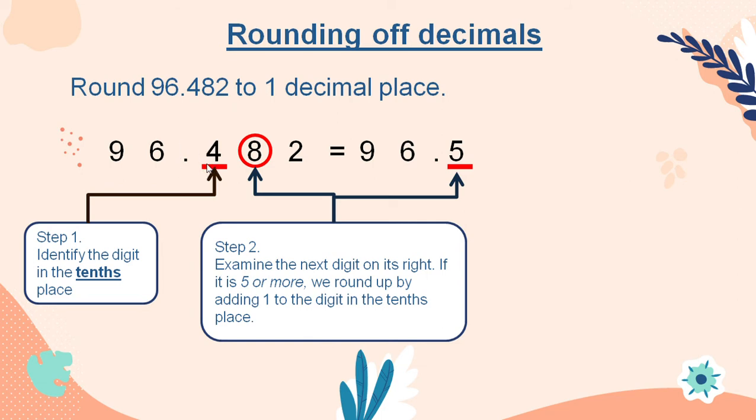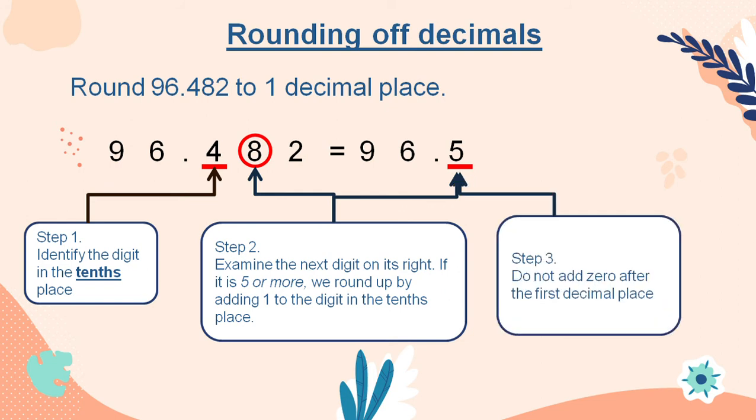So it becomes 5. And the last step, you don't need to add 0 after the first decimal place. Why? Because you only need to round 96.482 to 1 decimal place.